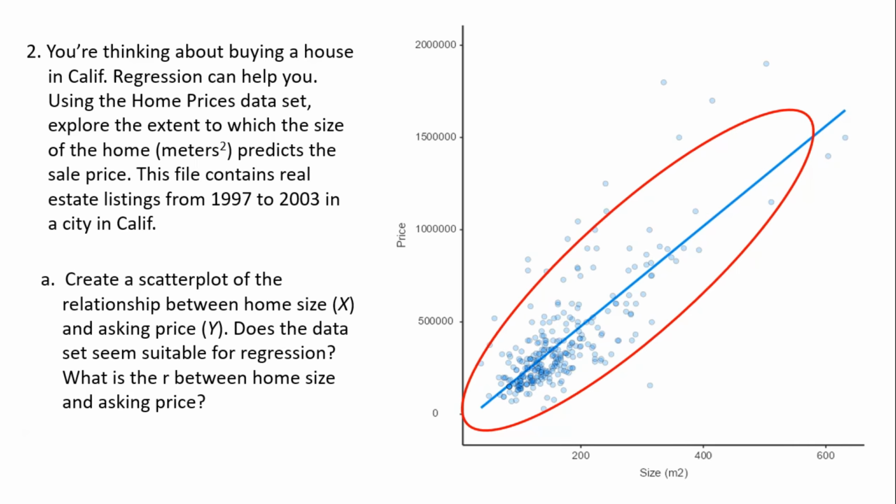That is, there's a general tendency, which you would expect, that as the size of the house gets larger, the price of the house becomes more. So this is the general relationship that we have.